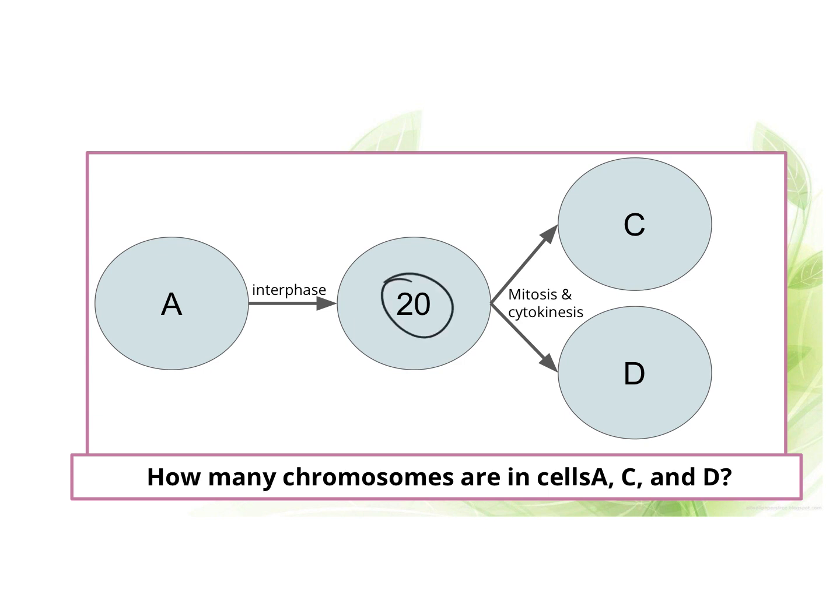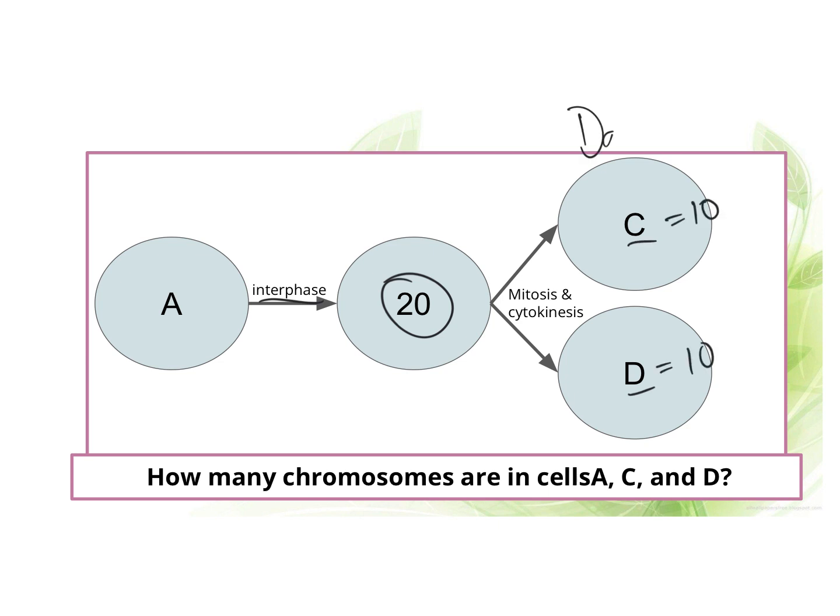That's how many chromatids are there after interphase. C and D are going to have half as many of that 20, because in order to get each daughter cell the right amount of chromosomes, they're going to have to split however many there are after interphase. So instead of 20, we're going to have 10 and 10.